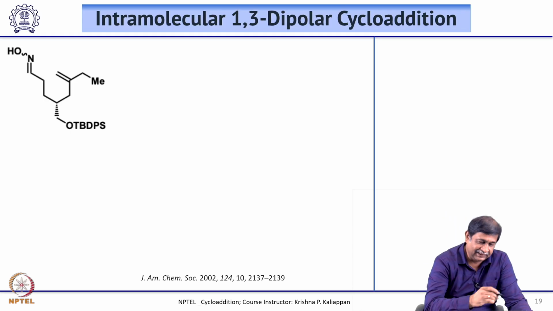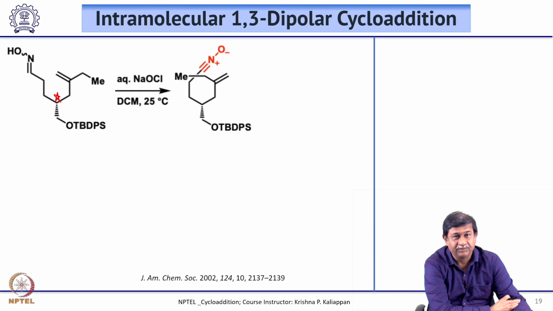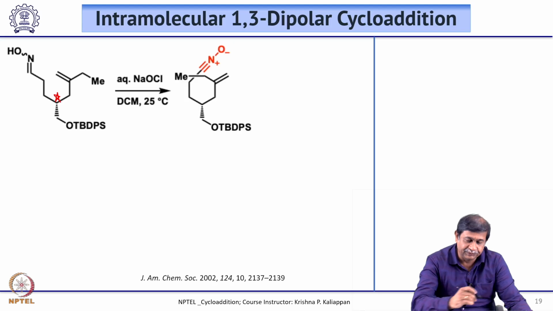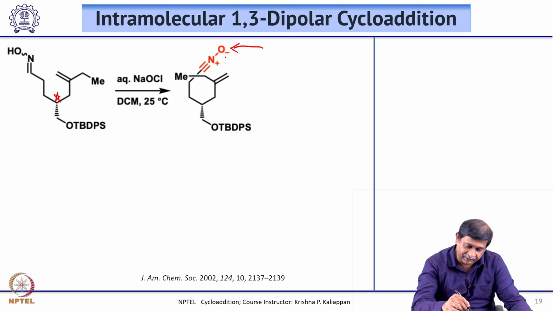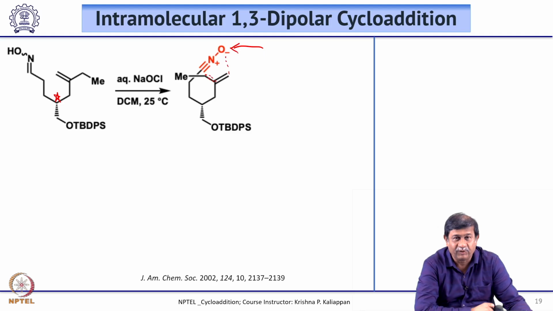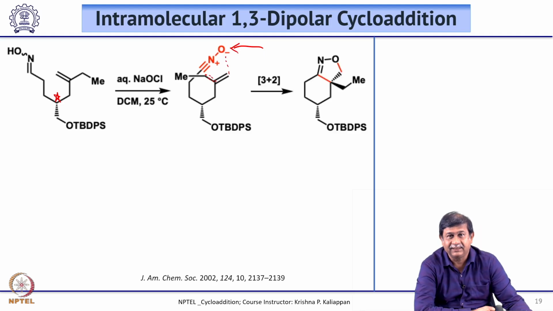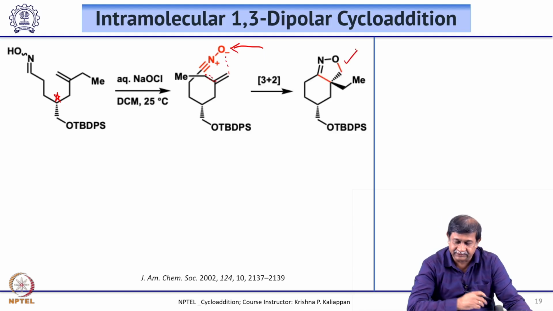So this is another example where you have a stereocenter, and now if you take this oxime and then treat with hypochlorite solution, that in situ will form this nitrile oxide. Once the nitrile oxide is formed, then it can undergo an intramolecular dipolar cycloaddition with this double bond, and that can give this isoxazole.